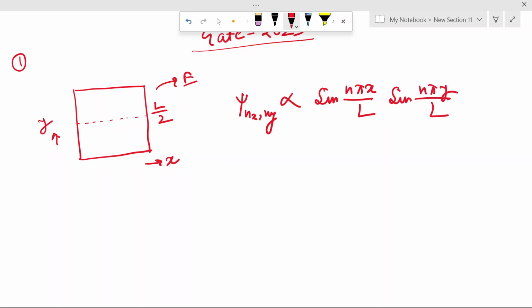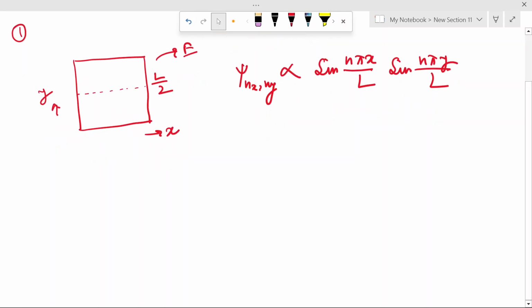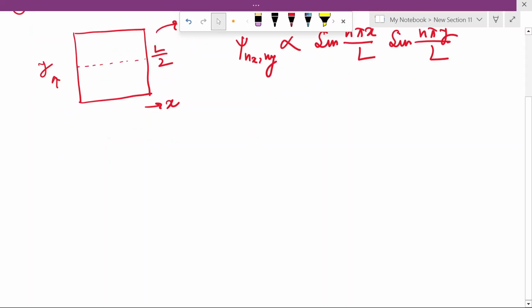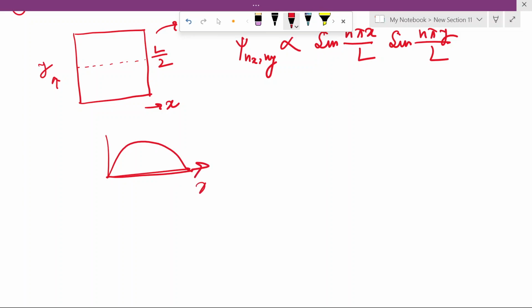Now the wave function is only 0 at the middle of the y-axis. So what does the n is equal to 1 wave function look like? It is like this one, for n is equal to 1.